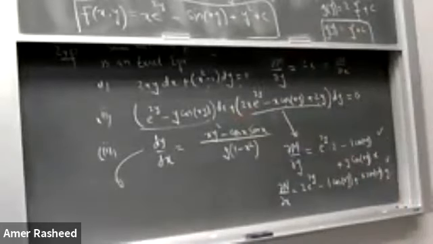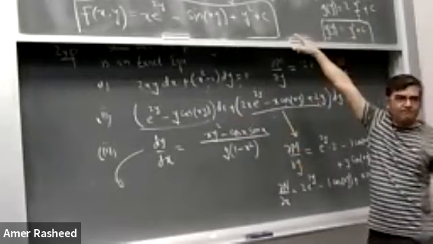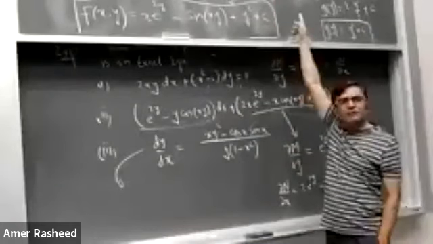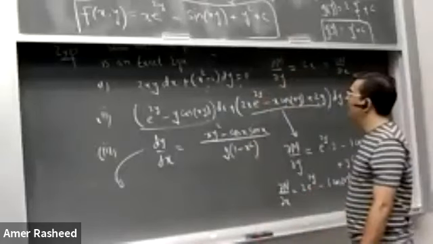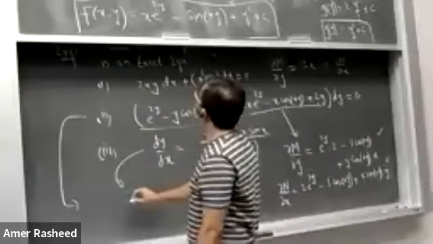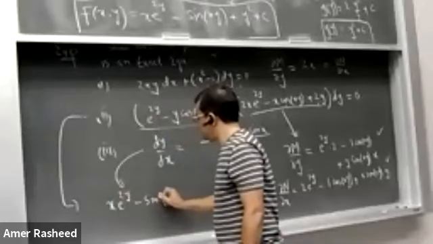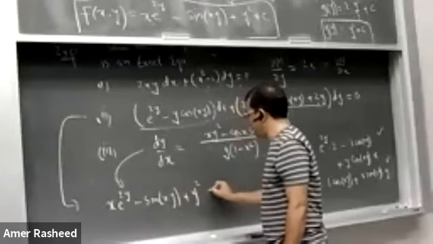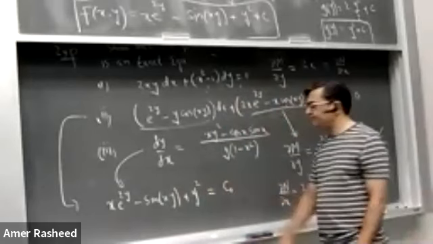Now, what would be the solution of this differential equation? You put it equal to c, some constant, and this constant will go there and make it another constant. So the solution of this differential equation is x e raised to power 2y minus sine of xy plus y squared equal to some constant c, maybe c naught.